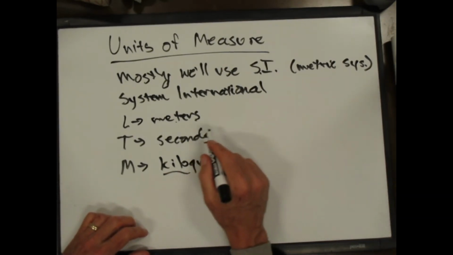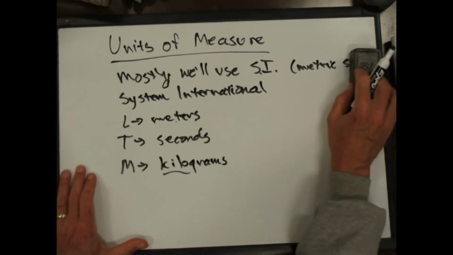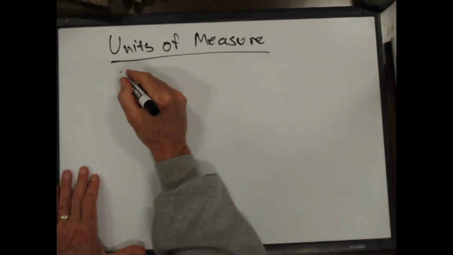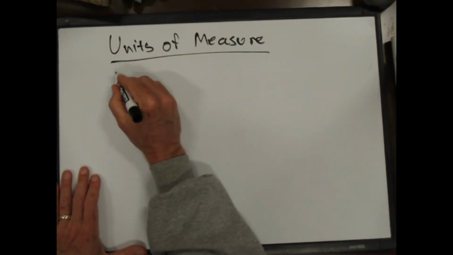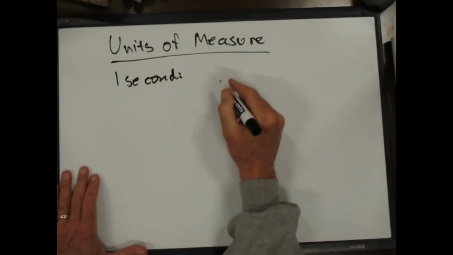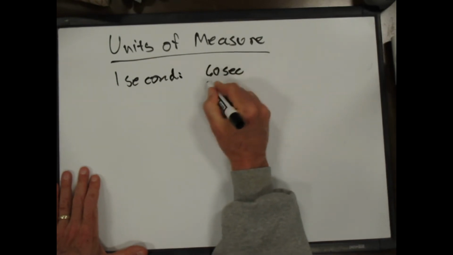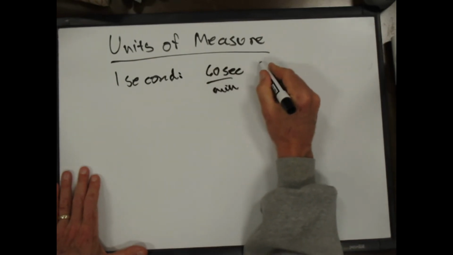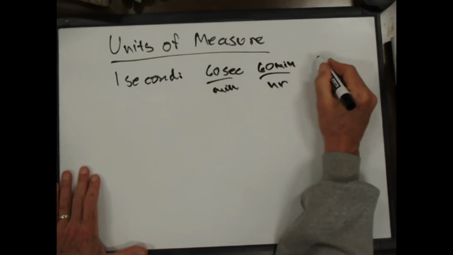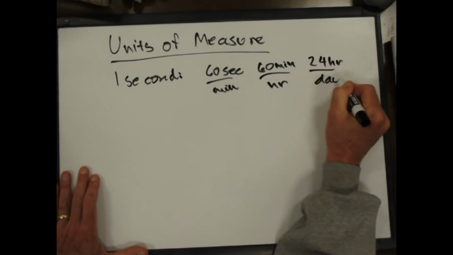So I'll tell you a little bit about the history of these. Let me just erase some of this. So if we start out with the second. We already know that there's 60 seconds per minute, 60 minutes per hour, and 24 hours per day, right?